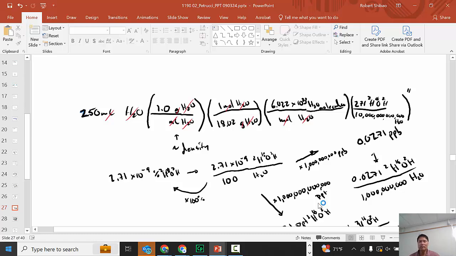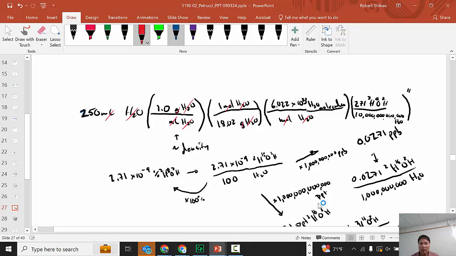So what we're going to do is stop the calculation here and figure out how many water molecules we have in 250 milliliters of water. It's going to be 250 milliliters of water divided by 18.02 times 6.022 times 10 to the 23rd.